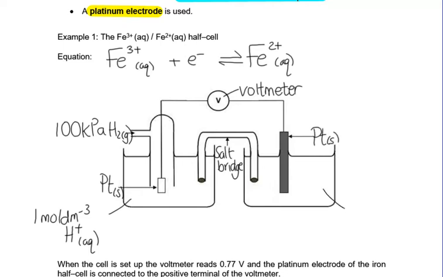And our solution is going to be 1 mole per decimetre cubed Fe3 plus and 1 mole per decimetre cubed Fe2 plus. So we're getting an equal amount of each of these two things, both at 1 mole per decimetre cubed. So they both need to be at that concentration.